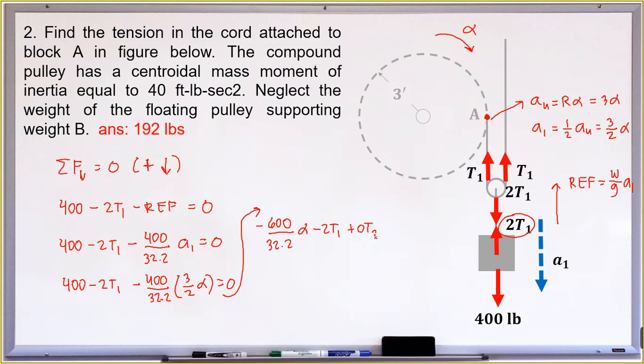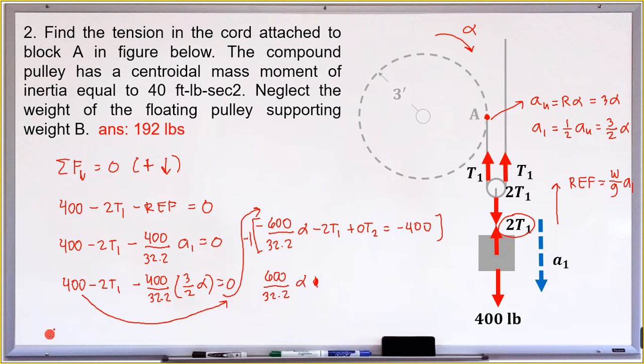Anyway, it will not affect the equation because 0 times T2 is 0. And then we transpose the 400 to the right side, so minus 400. And I think we multiply by negative to make everything positive. So 600 over 32.2 alpha.